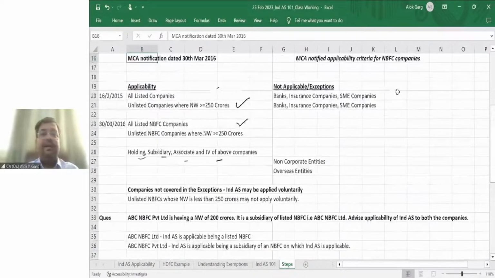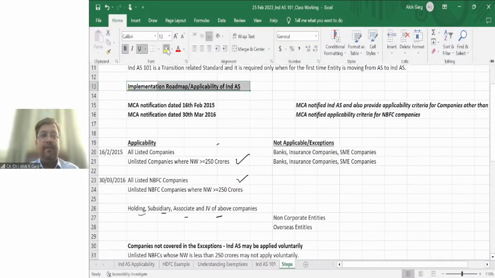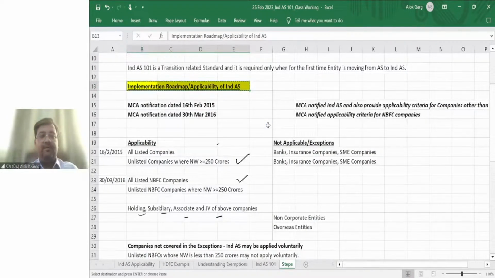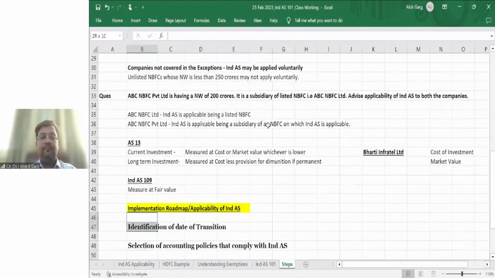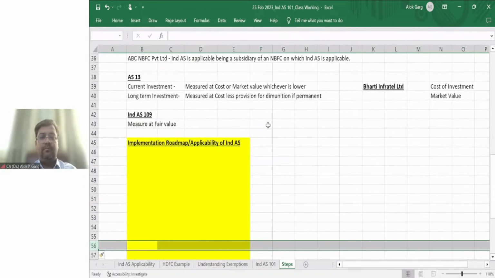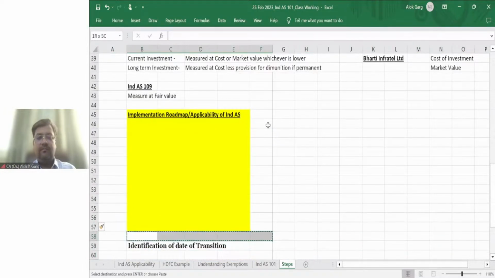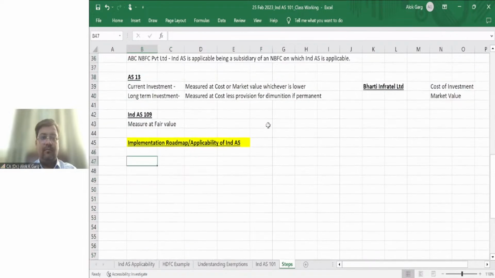We have discussed the implementation roadmap, right? Let's discuss the first time adoption steps, okay? First time adoption steps.